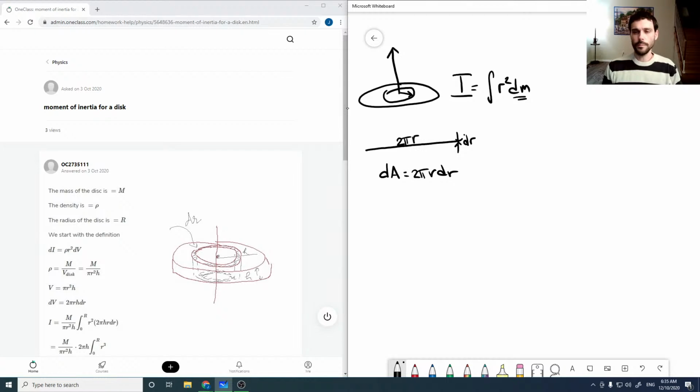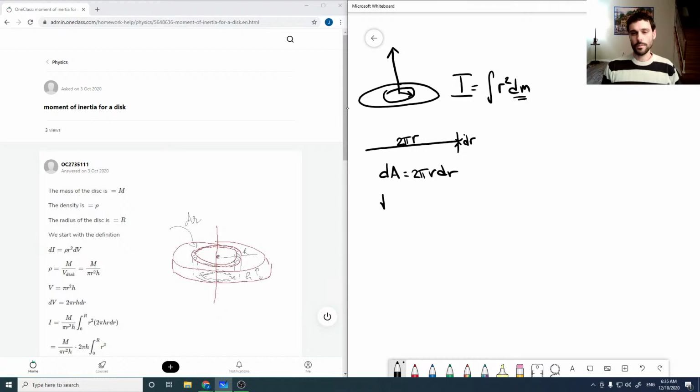Right, so this is a line segment, or we're considering it as a rectangle, so you just multiply the width times the height. Now, to get from an area to a mass, we have to use the area density.